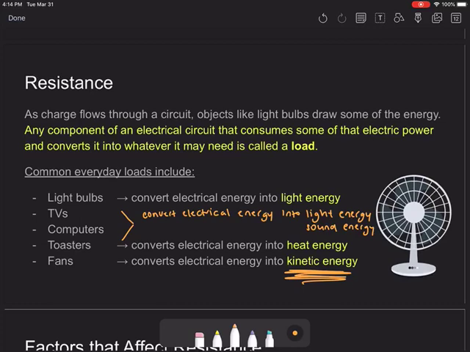Because your TVs and your computers, yes, they light up, you can see them on the screen, but they also have a volume to them as well. So a load can consume electrical energy and convert it into multiple different types. Those are just some common examples, but more exist. Again, anything that you plug in that consumes some of that electrical energy is considered to be called a load.